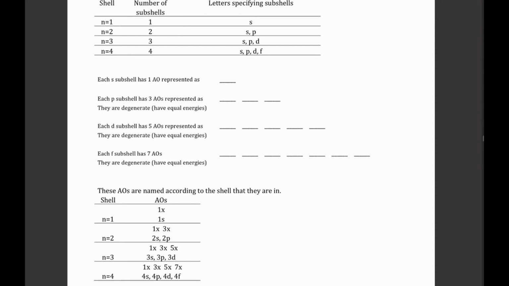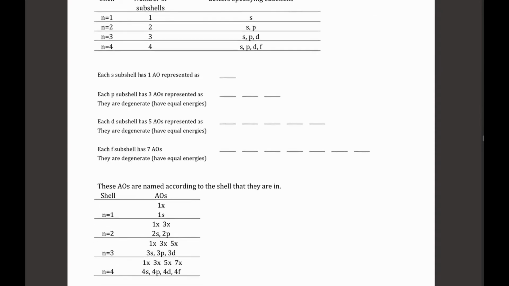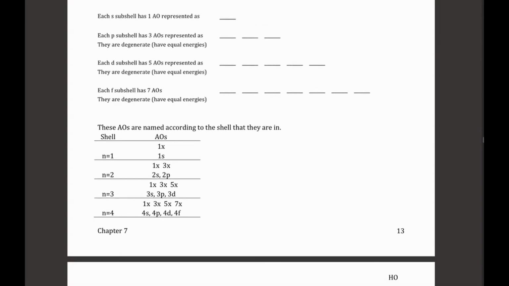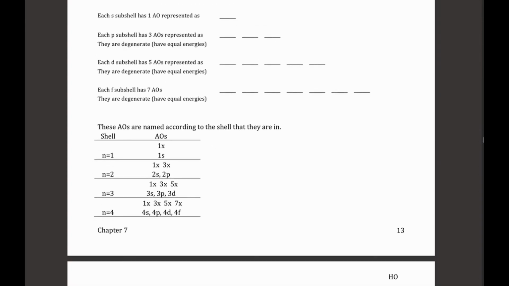How do we know that the 1, the 3, the 5, the 7 are the M sub L that corresponds to that L value? These are all just based on those restrictions in those quantum numbers. As we were referring to above, the atomic orbitals are named according to the shell they are in. In the n equals 1 shell, we have just one 1s atomic orbital.